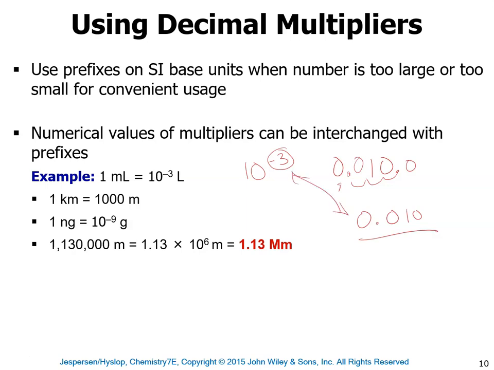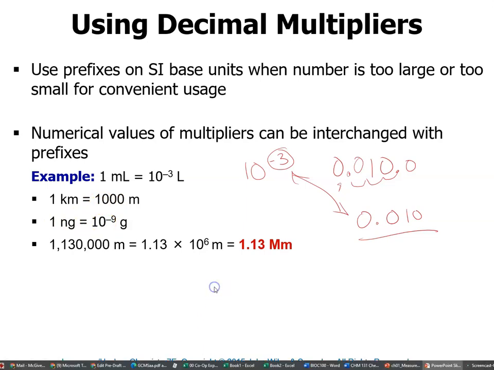So you're going to be practicing some of these, converting from scientific notation back and forth, and this should be pretty simple after you have some practice if you've not done it already. Some other examples: 1 kilometer is equal to 1,000 meters. 1 nanogram is 1 times 10 to the negative 9th grams.